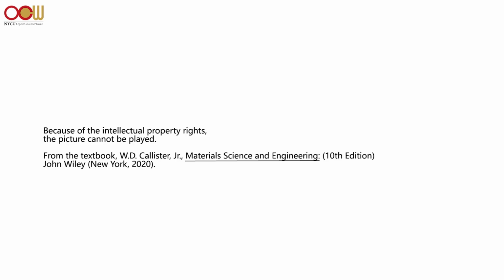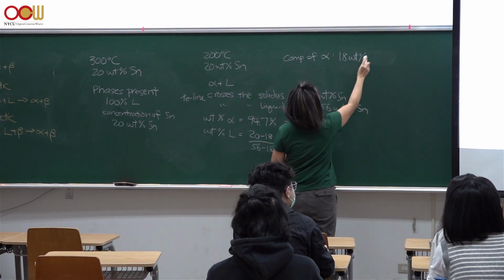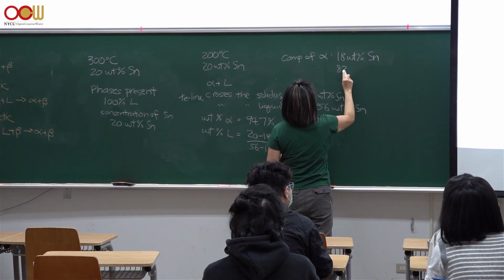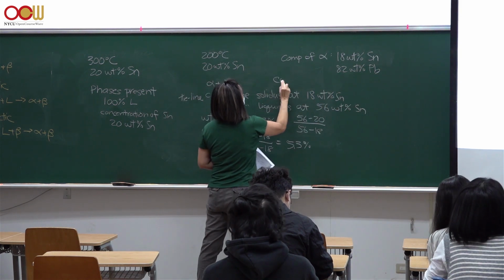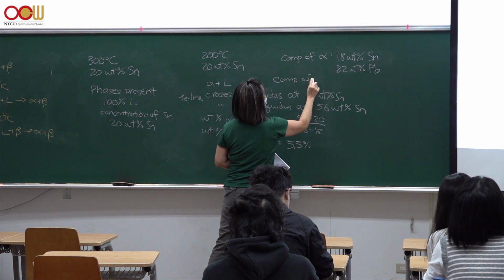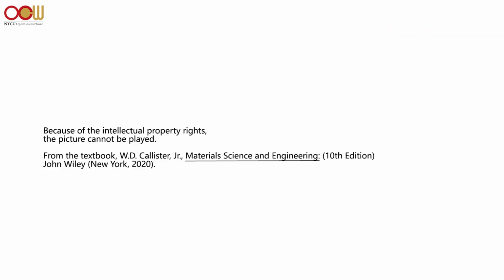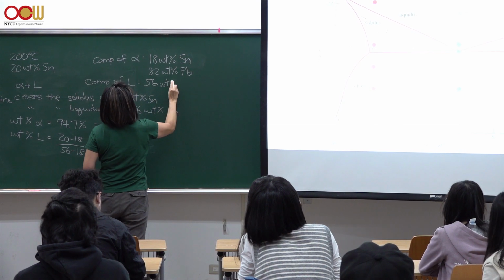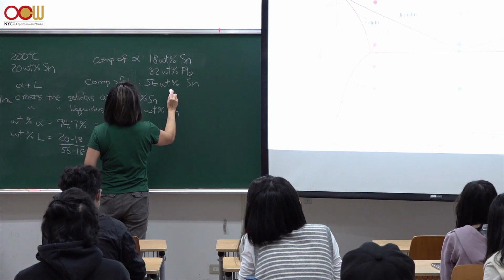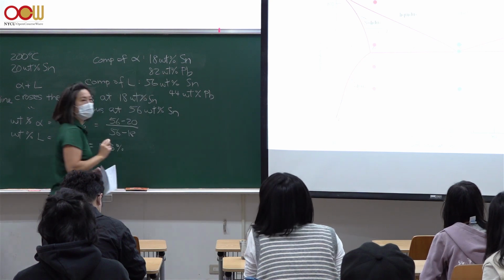So that's 18 weight percent tin and 82 weight percent lead. My composition of liquid is where that tie line goes into the liquidus. So I drop this down here. That's 56 weight percent tin and 44 weight percent lead.